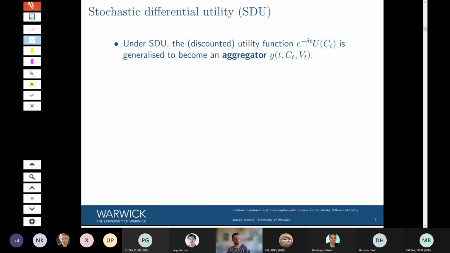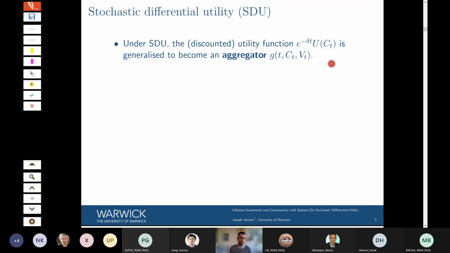So under stochastic differential utility, the discounted utility function e to the minus delta t times u of c is then going to be generalized to become an aggregator. You can see that this discounted utility function does fit into this framework, but it's going to be independent of the value of Vt, which is the utility process at time t.